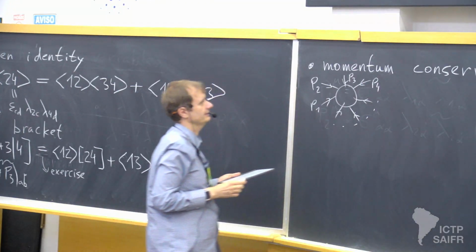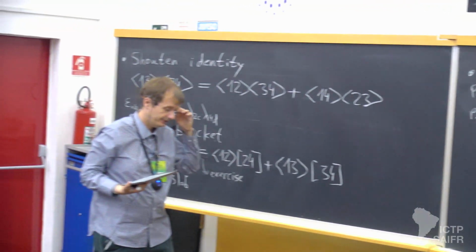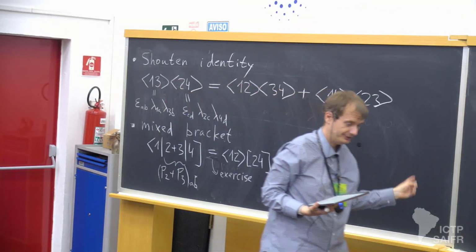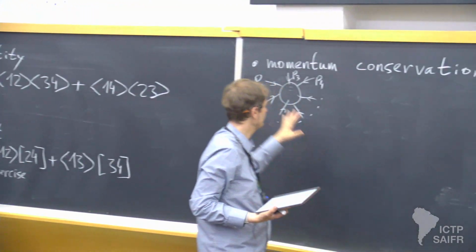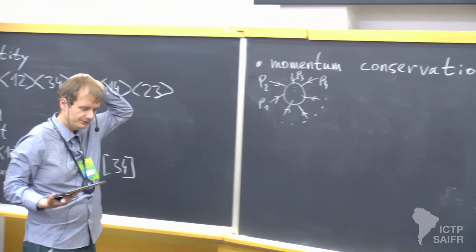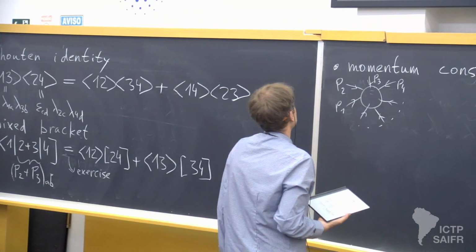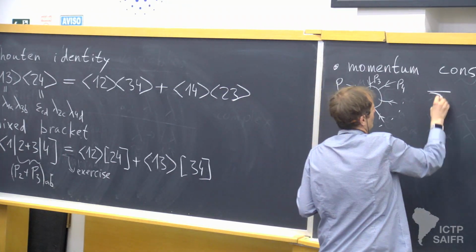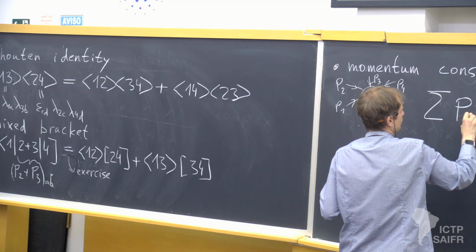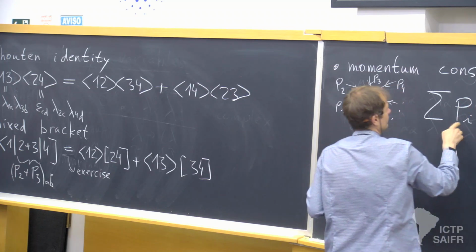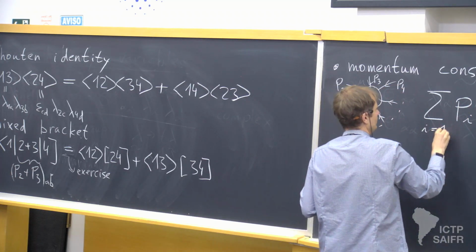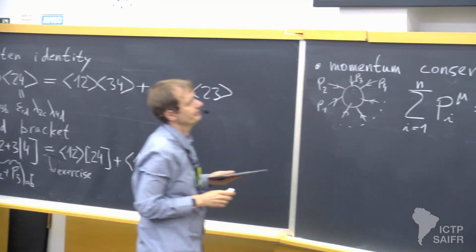That's the standard. In the end, if we want a particular process, we have to flip some directions to say this is incoming, this is outgoing, but the amplitude is the same. So we can consider all of them incoming, let's say. Then momentum is conserved: the sum of the p_i from 1 to n for the n-particle process is 0.